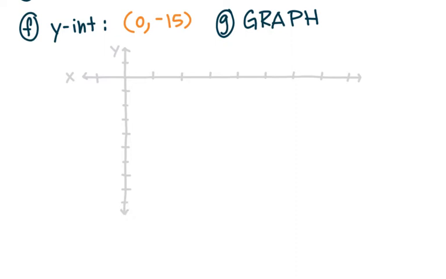On my x-axis, I've made my tick marks a little wider apart. I'm going to count 1, 2, 3, 4, 5, 6, 7, and 8. And then on my y-axis, since I have to go all the way down to y equals negative 15, I've decided to count by 2. So we've got negative 2, negative 4, negative 6, negative 8, etc.